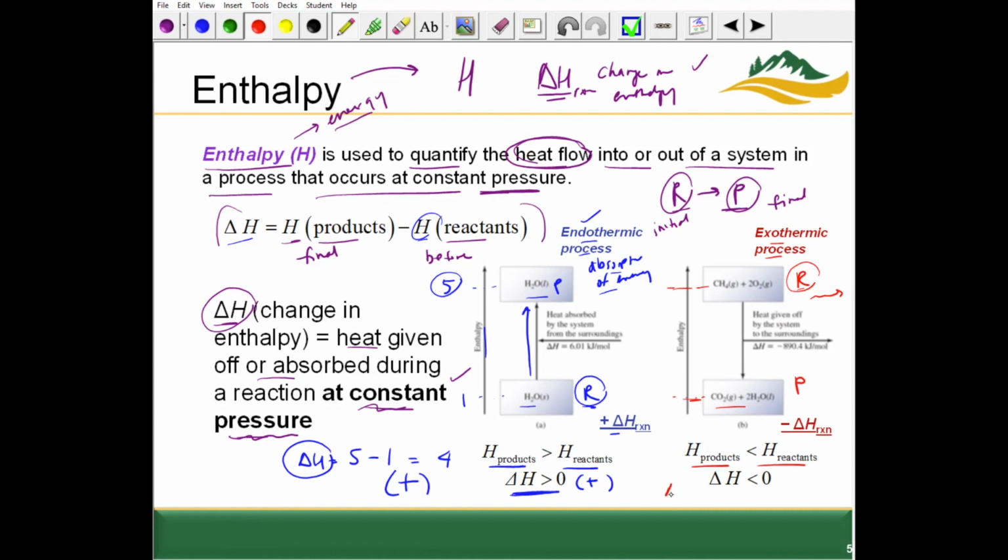By taking delta H as the enthalpy of the products, we can again say this is an arbitrary enthalpy value of 1 and then maybe 5. So then products minus reactants, this is a smaller number minus a larger number. So the change in enthalpy for an exothermic reaction is always going to be a negative value. So it's going to be a negative value less than 0. For an endothermic process, it's going to be a positive value greater than 0.